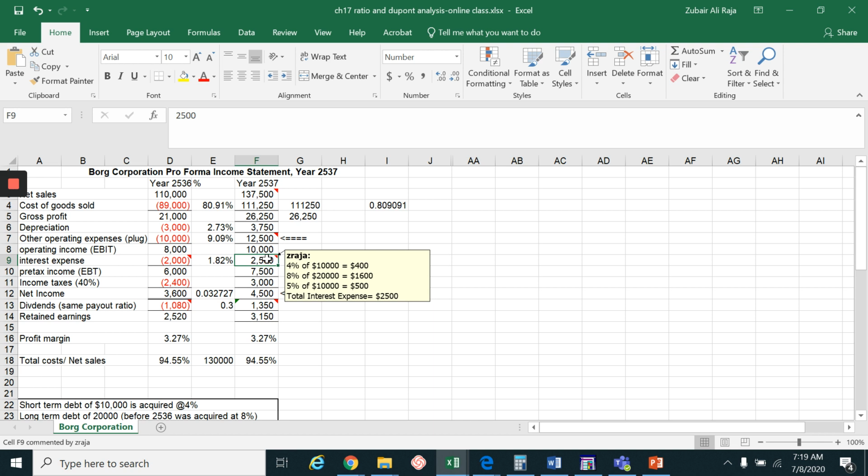And right in the end, at the end of the year, or you can say at the start of 2536, they have acquired a further 10,000 debt at 5%. So the interest related to that will be 5% for the following year. So that 5% is 500, and you add all this interest, it will generate 2,500.